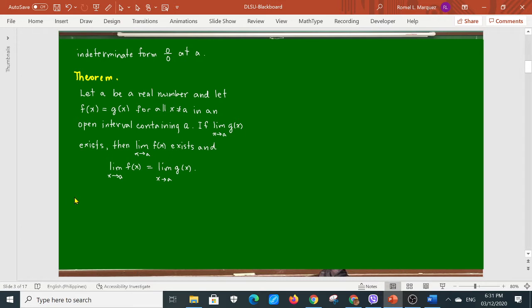So let's now continue with examples. Evaluate the given limit.